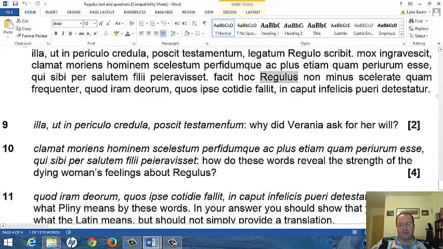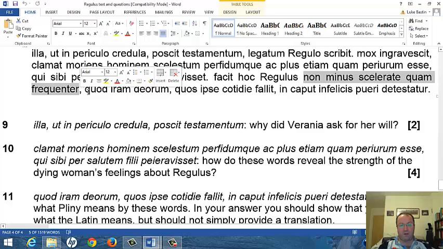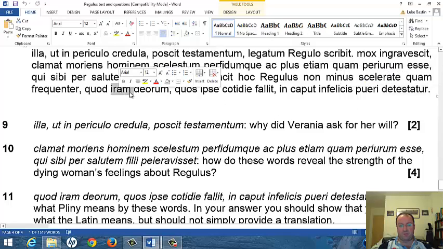Okay, so we've got some slightly mixed up word order here. So Regulus does this not less through crime or wickedness than frequently, because he brings down the anger of the gods onto the head of his poor boy.